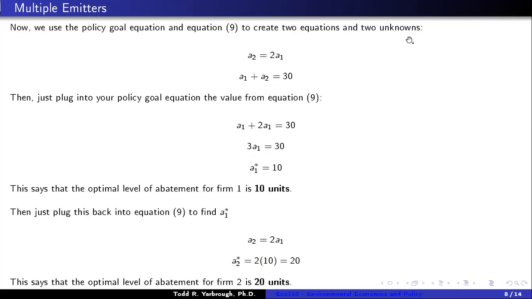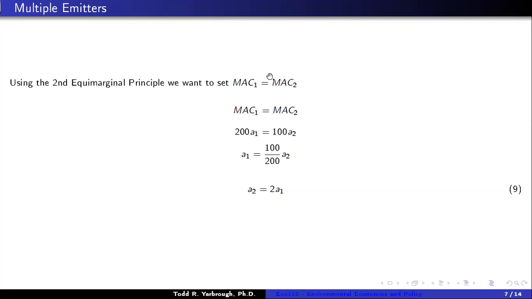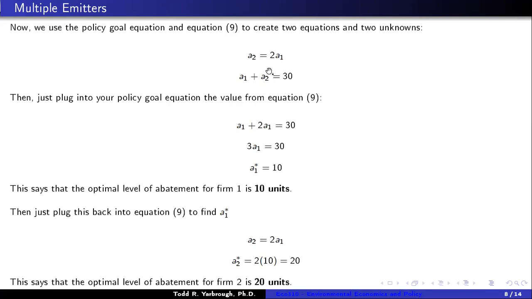What we can do is use the policy goal equation, because we know what the policy goal is. The policy goal is 30 units of abatement. So we can use that to create an equation: abatement for firm 1 plus abatement for firm 2 is equal to 30. This is the policy goal. And then here again is equation 9, where we found this by setting marginal abatement costs equal to each other. So this creates 2 equations and 2 unknowns.